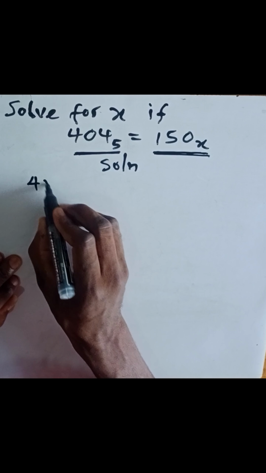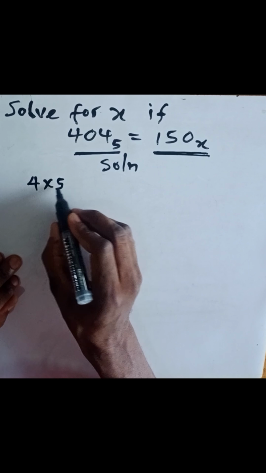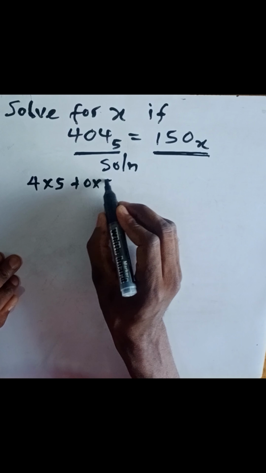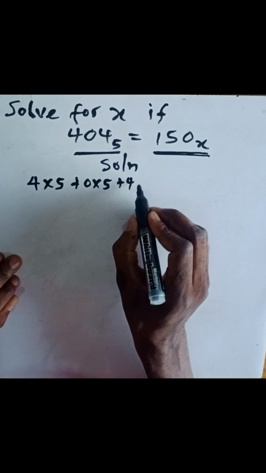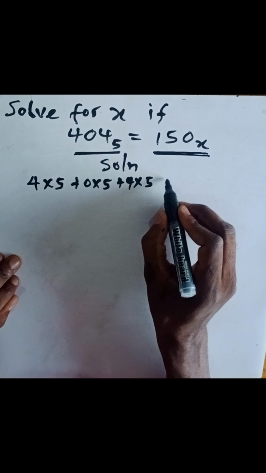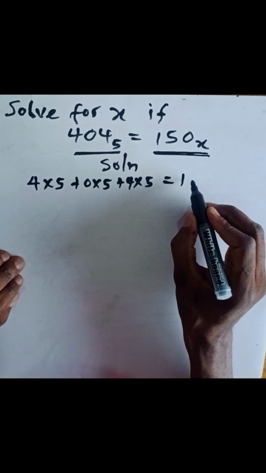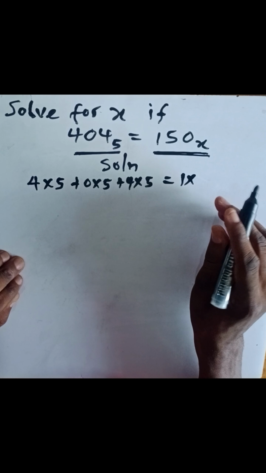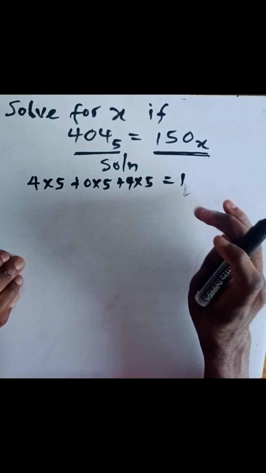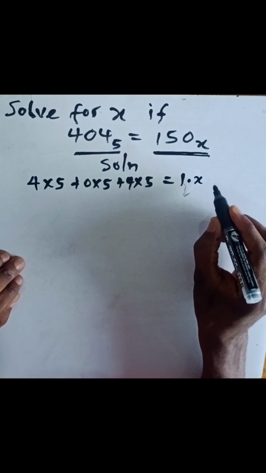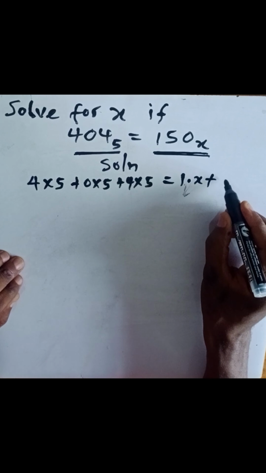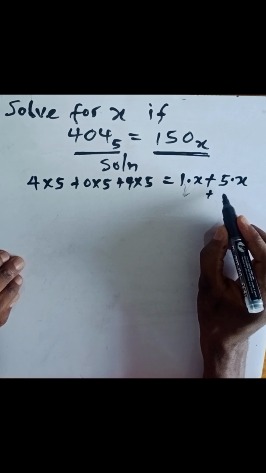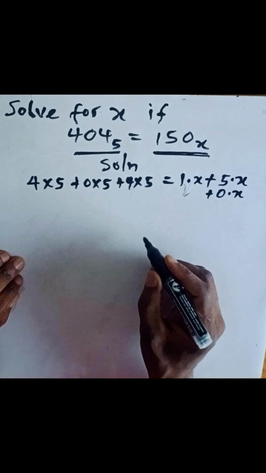Here we have 4 multiplied by the base, which is 5, plus 0 times 5, plus 4 again times 5, equal to 1 times the base, that's x, right? So I can simply use dots: 1 dot x plus 5 dot x plus 0 dot x.